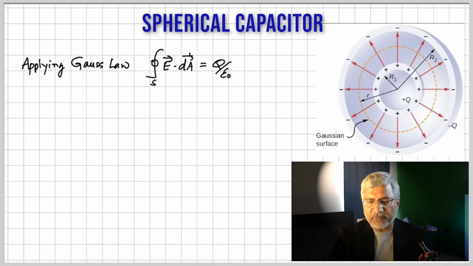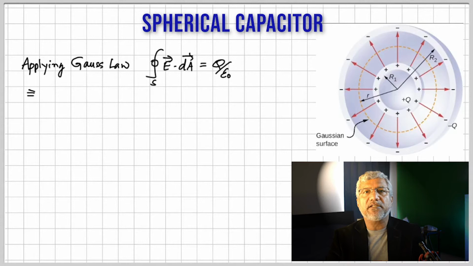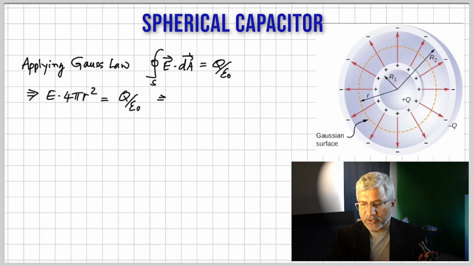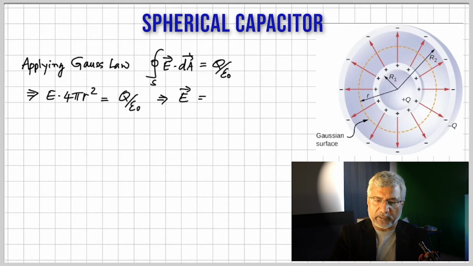And on the left side, when you look at the factors, we see that E is going to be a constant at all points. The electric field is a constant because it is at the same distance from the center. And so we got to do integral dA. When you do integral dA, you get the surface area of that sphere, of the Gaussian surface, which is 4 pi r squared.